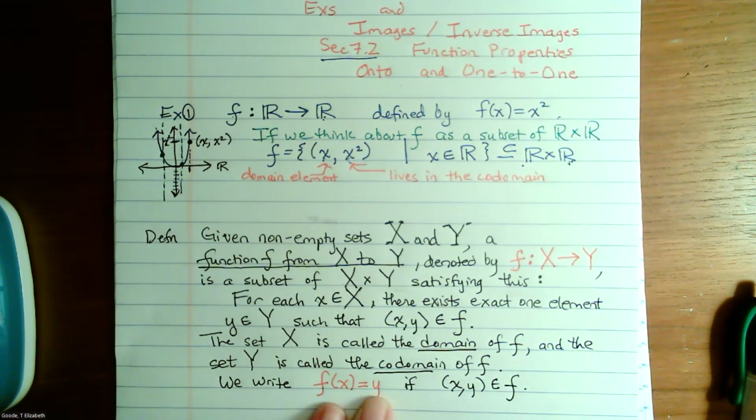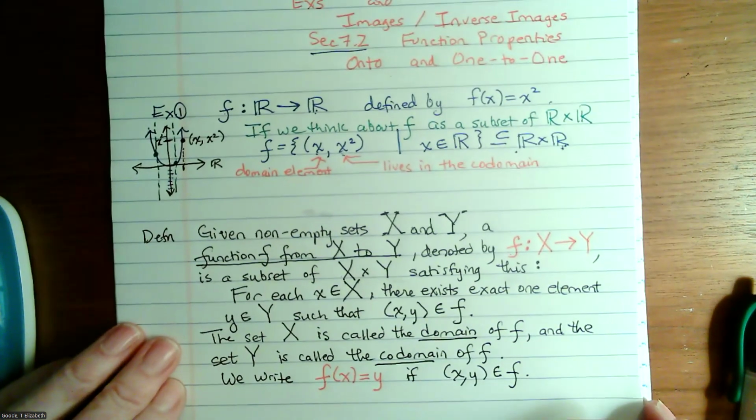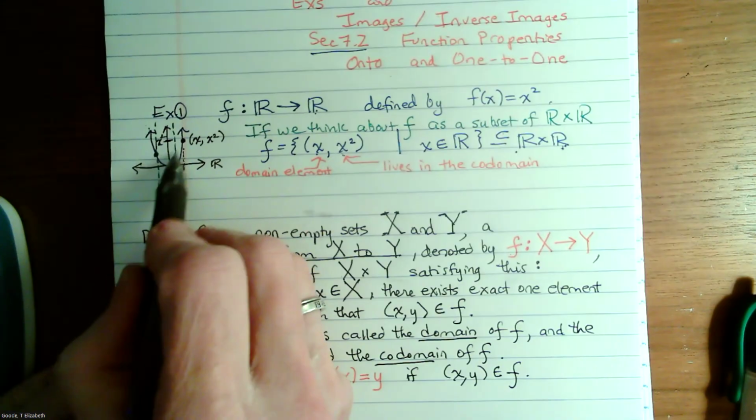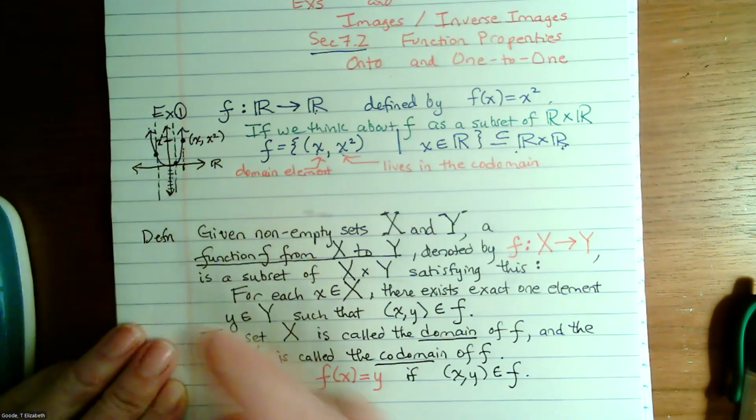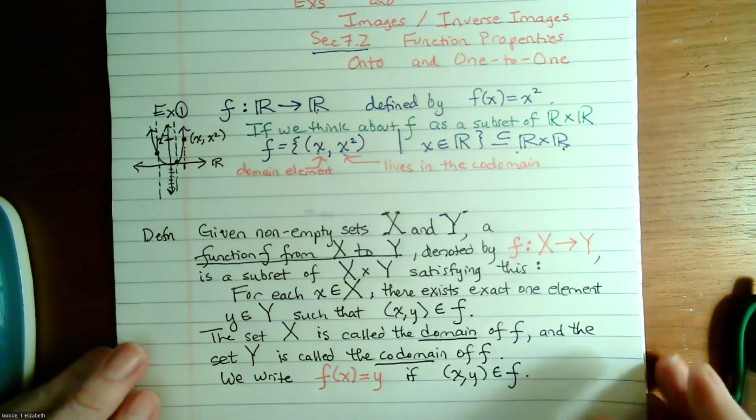So I'm trying to tie back in to notation that you're familiar with, but we're actually going to focus on the ordered pair definition of a function. We're going to view a function as a set rather than as a picture of a graph. A lot of times we think of the picture of the graph as being the function. Well, that's just the graph of the function. The function itself is actually a set of ordered pairs.